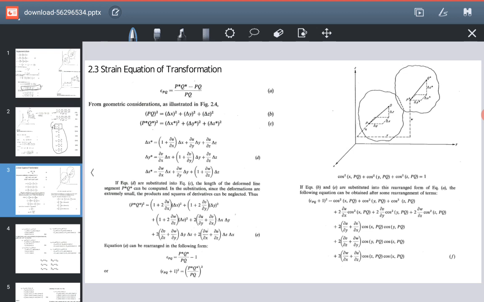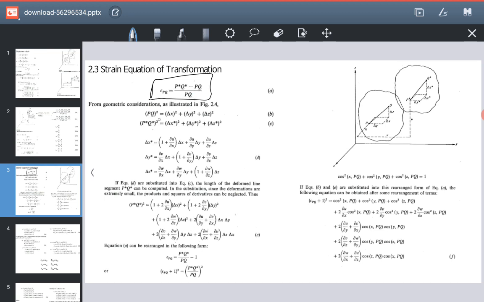Now the strain equation for transformation, so what we originally had, we actually assume that we have a line PQ which changes into line P star Q star with a change in displacement delta Z to delta Z star, delta X to delta X star, and delta Y to delta Y star. So in order to use this in our strain formula, we simply put the values in the formula P star Q star minus PQ divided by PQ.